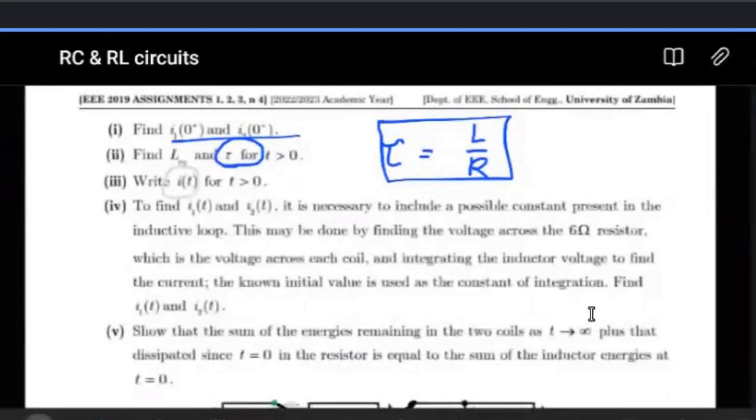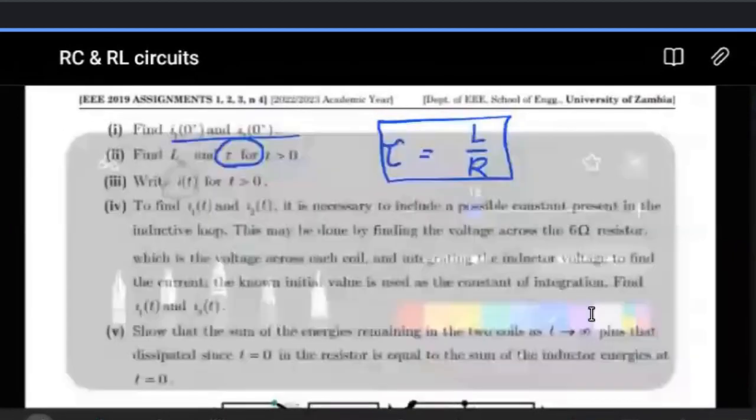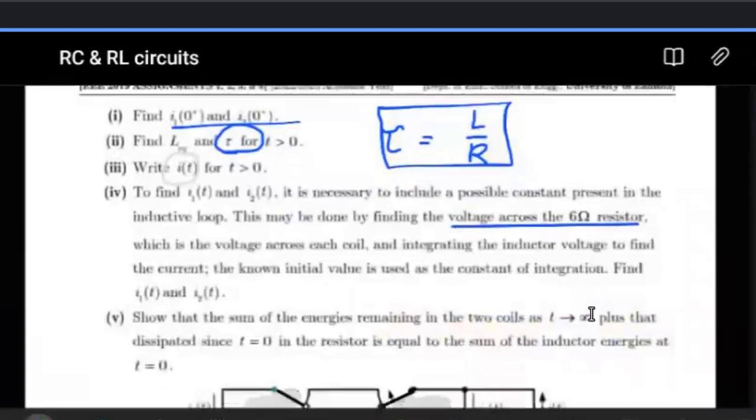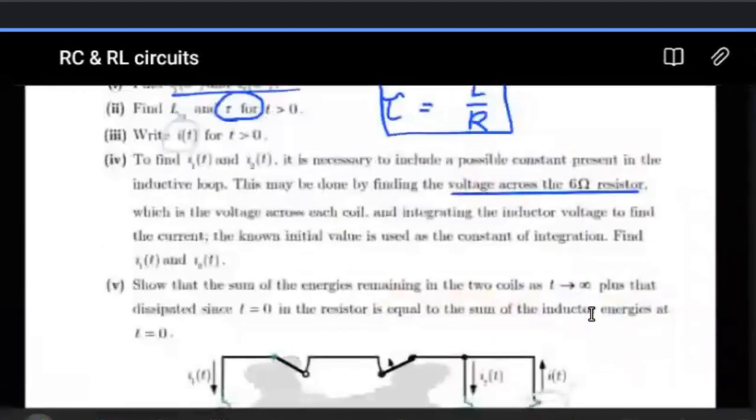Let me just highlight what we're going to do first. They're saying this is done by finding the voltage across the 6 ohm resistor. So we want to start with that one, the voltage across the 6 ohm resistor. How do we find that? Again, observe that this is happening while the switch is the other way, the source is out.